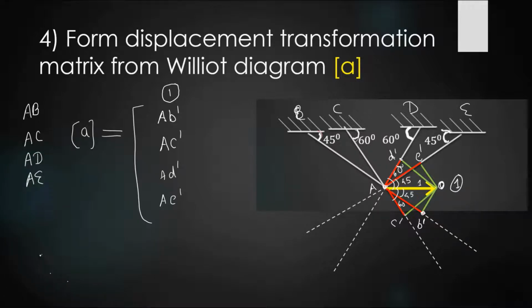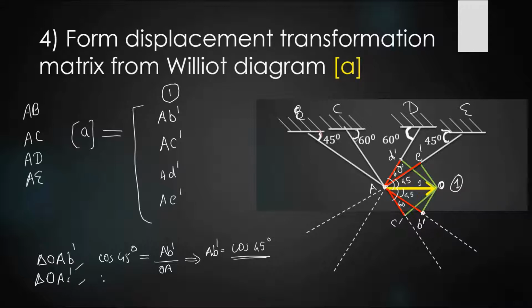So from triangle OAB dash, cos 45 degrees is equal to AB dash divided by OA, where OA is 1. So AB dash is equal to cos 45 degrees. Similarly, from triangle OAC dash, cos 60 is equal to AC dash divided by OA, so AC dash is equal to cos 60 since OA is 1.